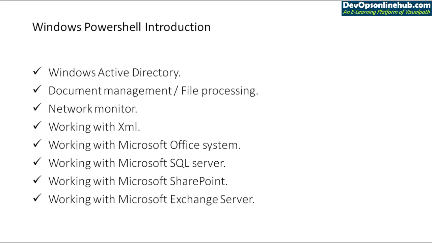If you are deploying in the UAT environment, you have to specify different connection strings and different settings. And if you are deploying in the production environment, you have to refer to different servers and different connection strings, right? So all that XML related automation we can do with PowerShell as well.